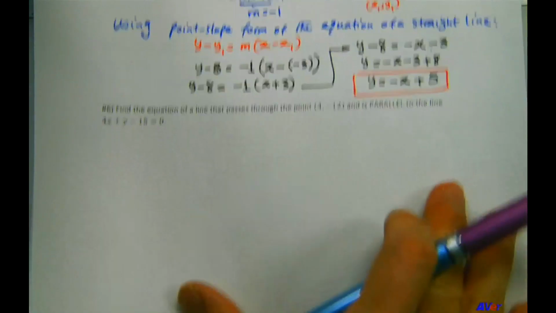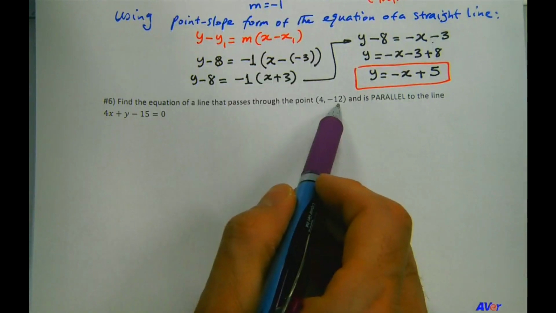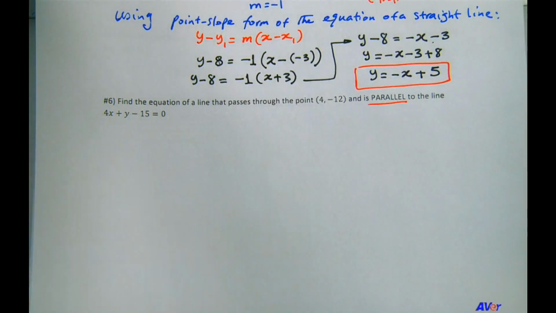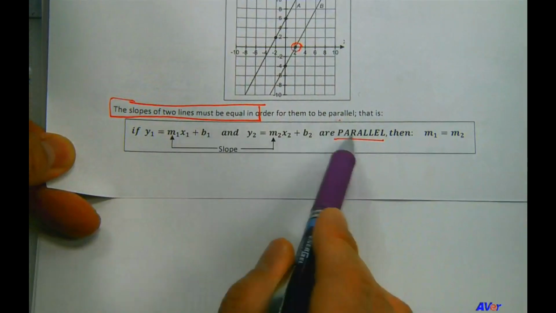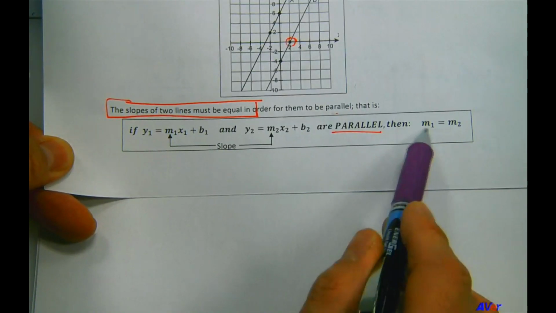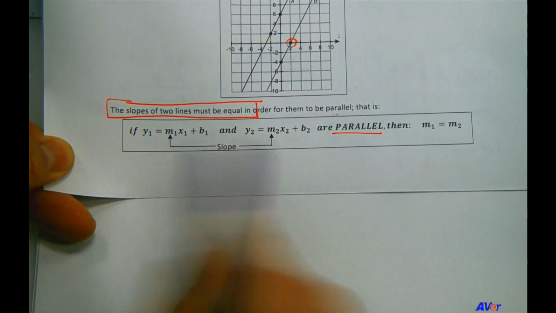Find the equation of a line that passes through this point and is parallel to this line. Well, what was the equation for parallel lines? Let's revisit that page. The condition for two lines to be parallel is that their slopes have to be equal. M1 and M2 have to be equal.